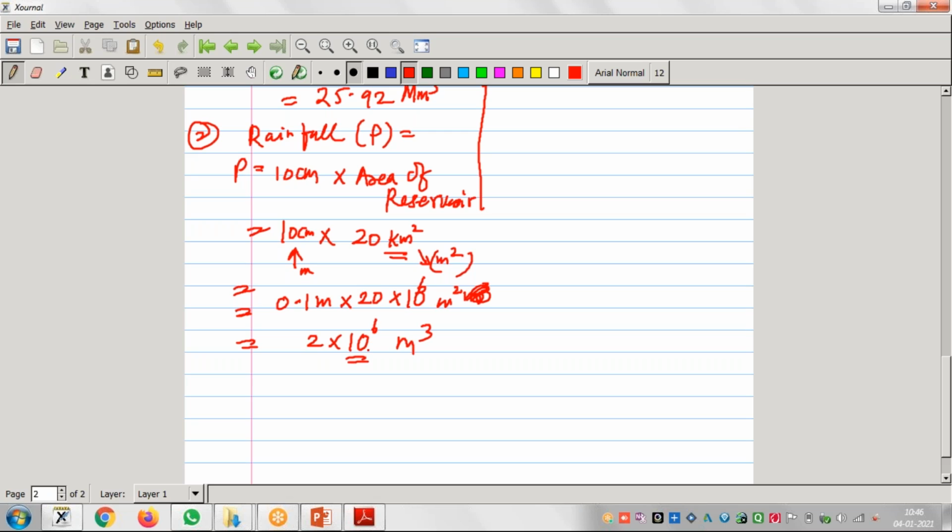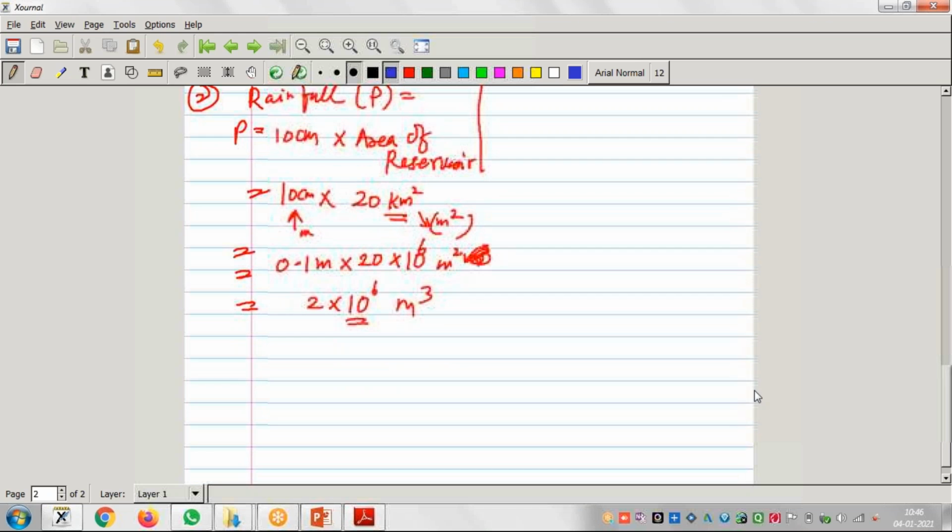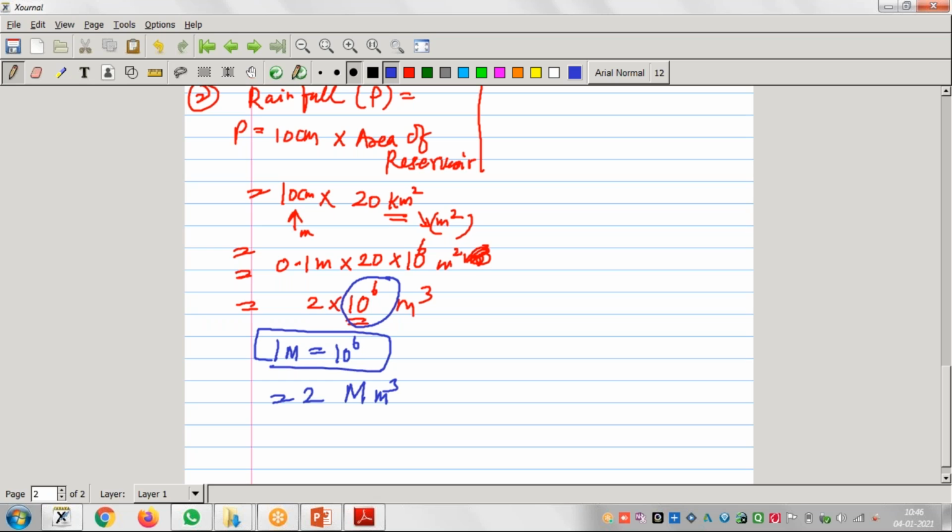Now, if I will convert this into million meter cube, what I will do simply, this 1 million means how much? 10 to the power 6, right? So here, if I will replace, it will be 2 million meter cube. We know that 1 million means 10 to the power 6, right?